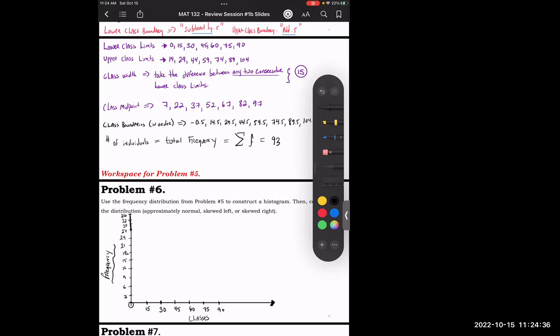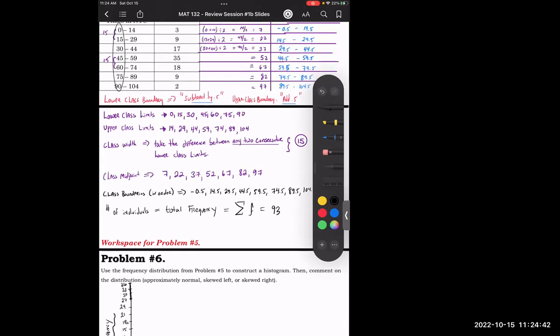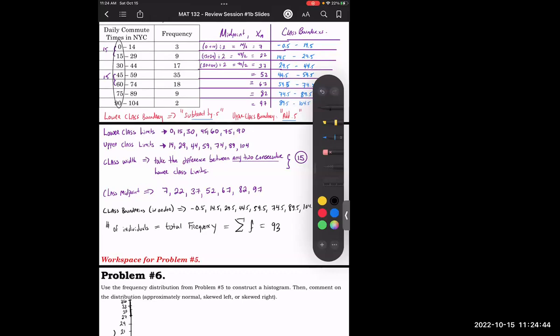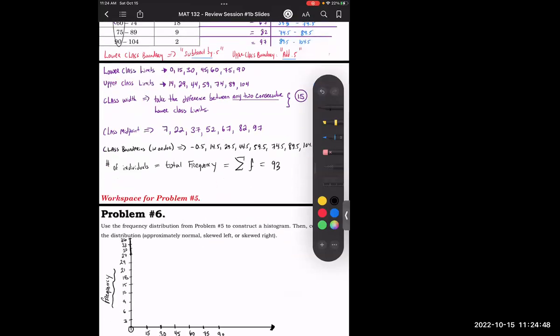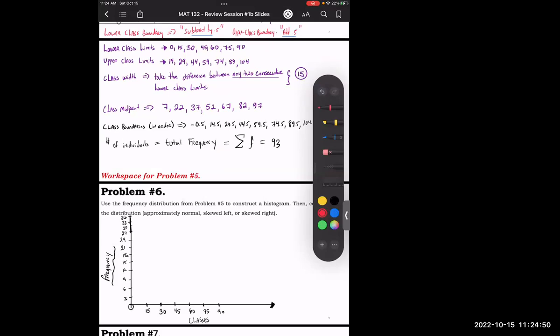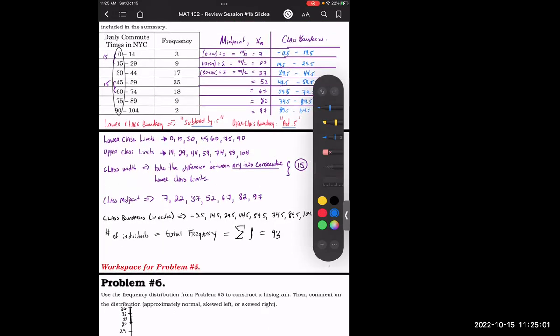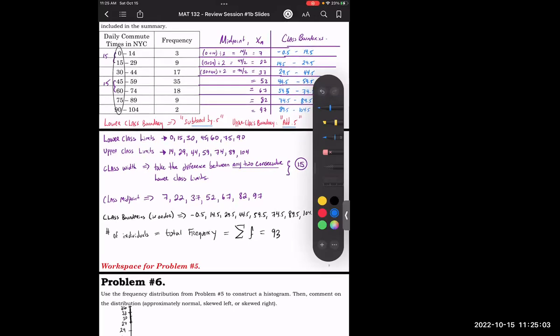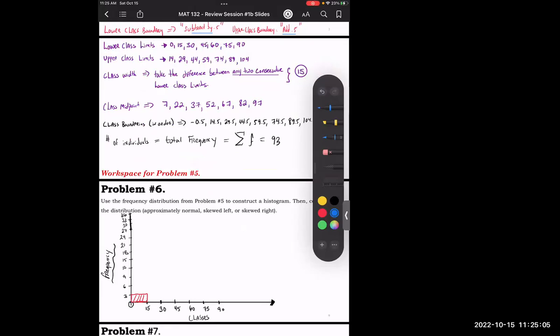Okay, and now we draw the bars for each class, corresponding to the frequencies. The first class, 0 through 14, has a frequency of 3, so I'm drawing a bar that has a height of 3, which is shown in red. My second bar, from 15 to 29, has a frequency of 9.